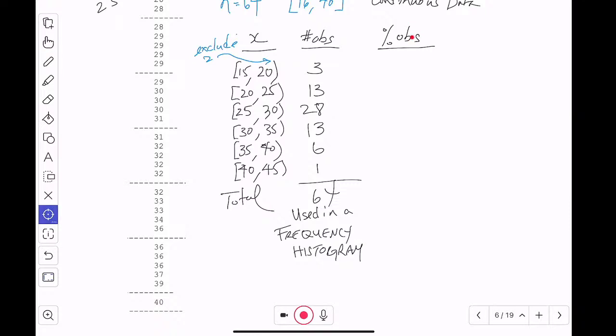This column is for the data used in what's called a relative frequency histogram.